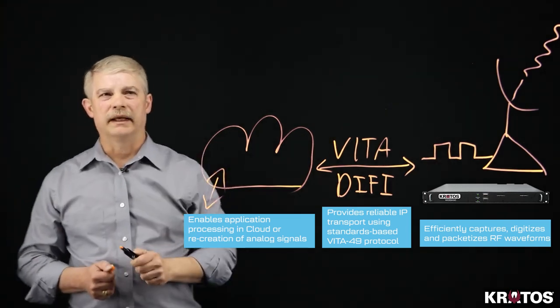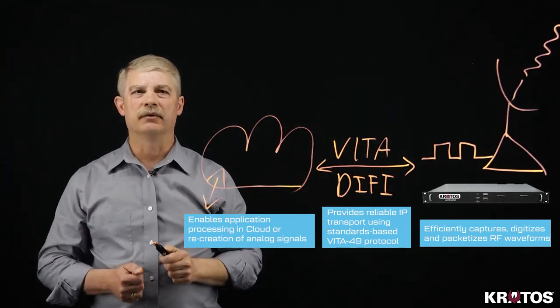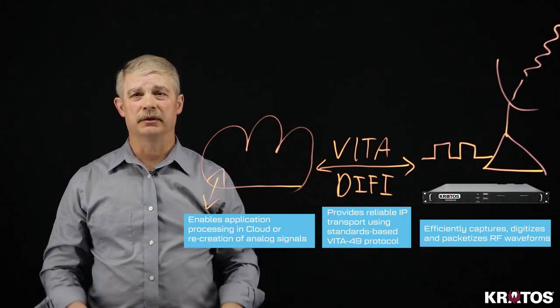Now let's take a look at how operating in a DFL environment changes the gateway. Typically at a gateway, you'll find racks of analog hardware that are static and fixed for single purpose or missions.